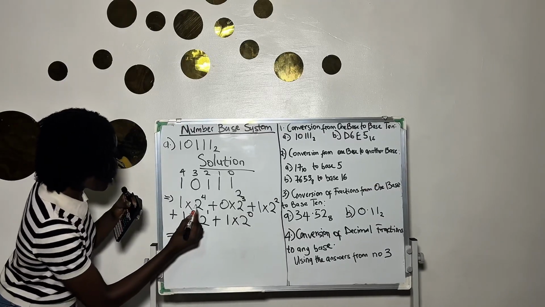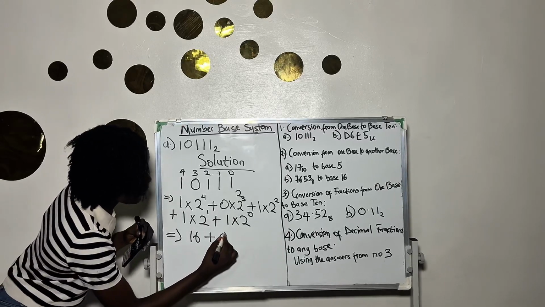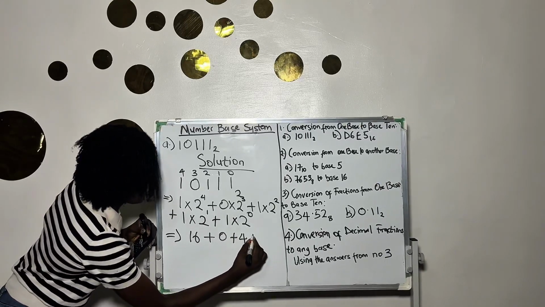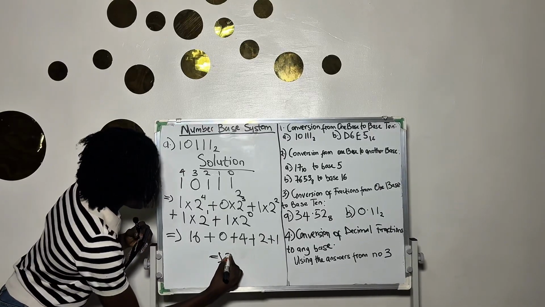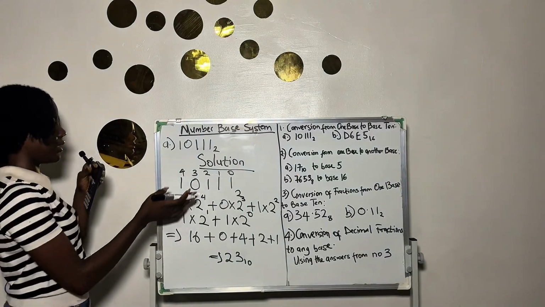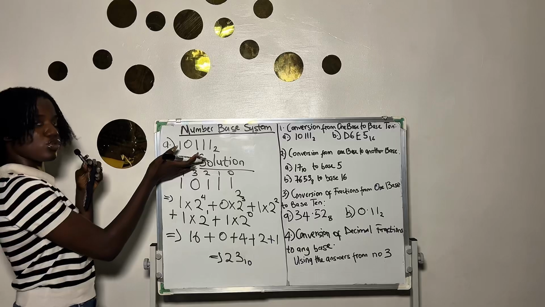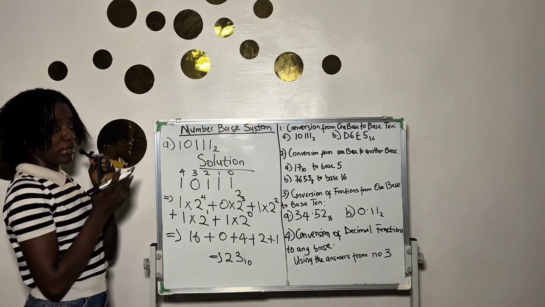Let's solve. 2 raised to the power 4, 16, plus 0 plus 4 plus 2 plus 1. This will give us 23 base 10. So we have converted binary base 2 to base 10 using power expansion.